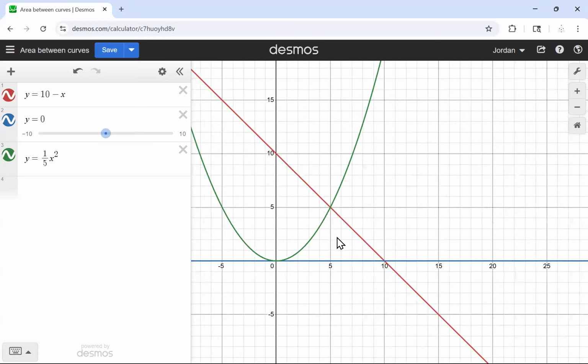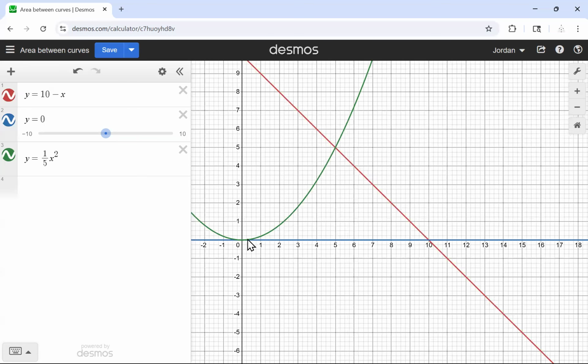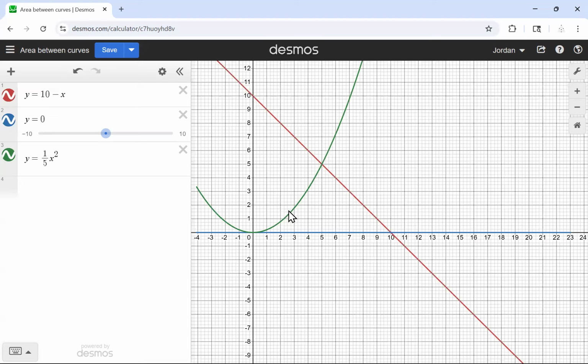But the only closed and bounded region where all 3 of our curves represent the perimeter of the region is this section here, this almost triangular shaped section. So again, don't get confused with that.